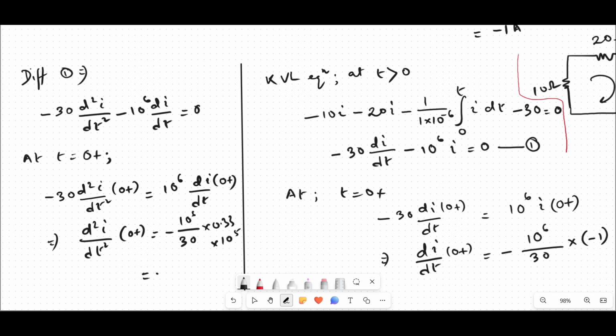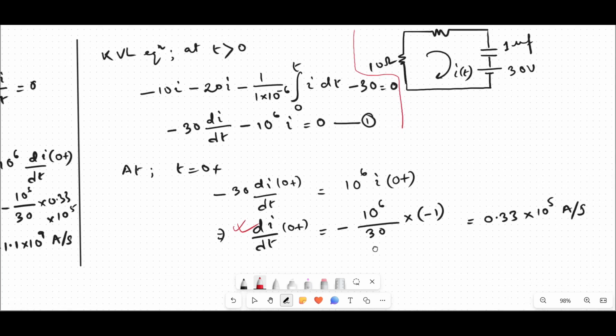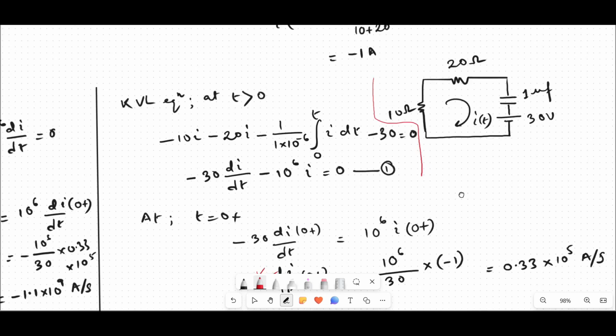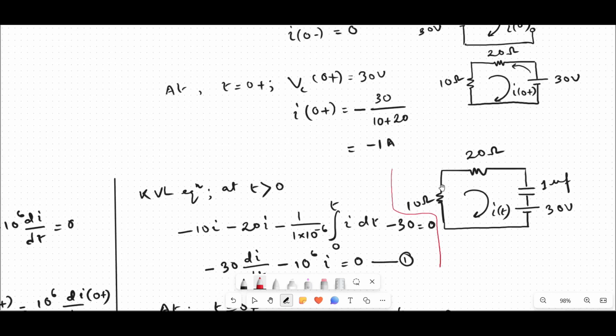So the value will be minus 1.1 into 10 to the power 9 ampere per second squared. So we have determined the value of d2i/dt2. We have determined the value of di/dt at 0 plus. The value is this. And we have also determined the value of i at 0 plus.